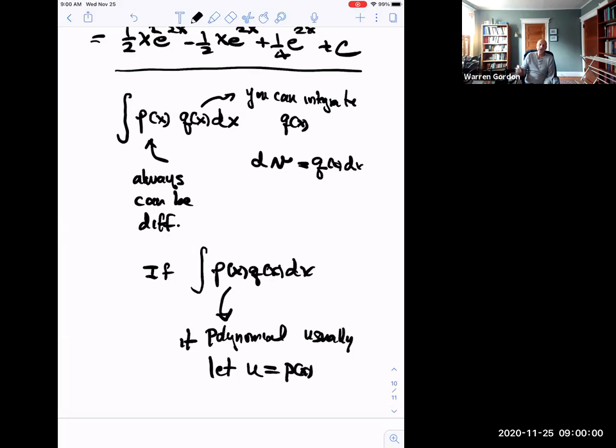Because ultimately, every time you do an integration by parts, you do a differentiation. So if it's a polynomial, after one differentiation, it's a polynomial of lower order. And ultimately, if you have to do repeated integration by parts, the problem becomes very simple.